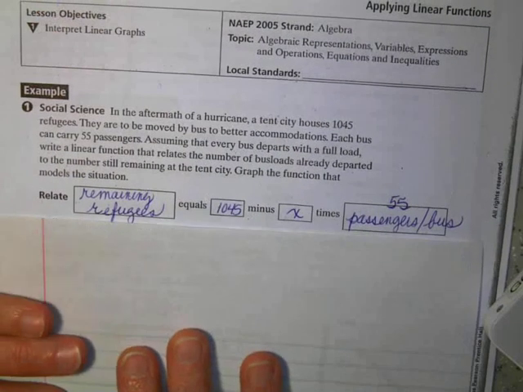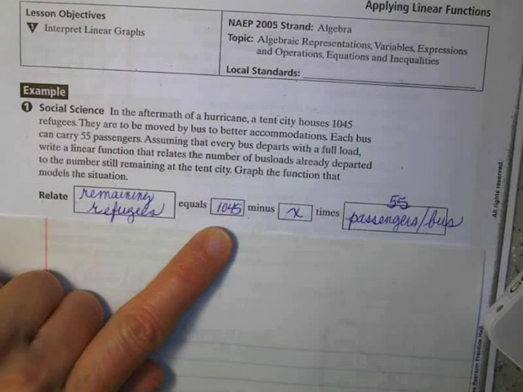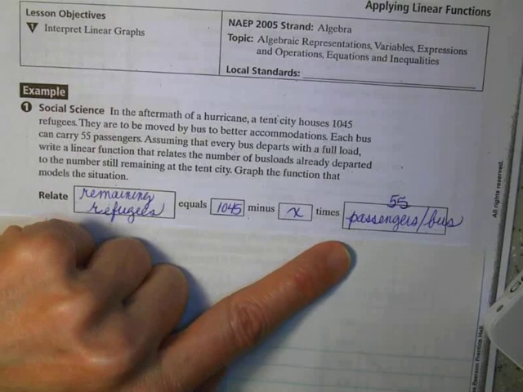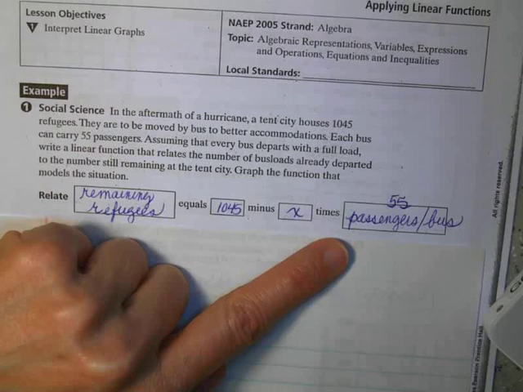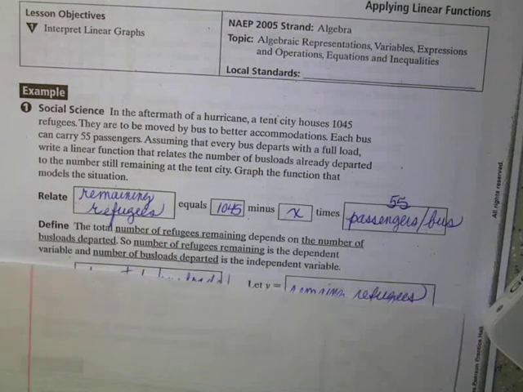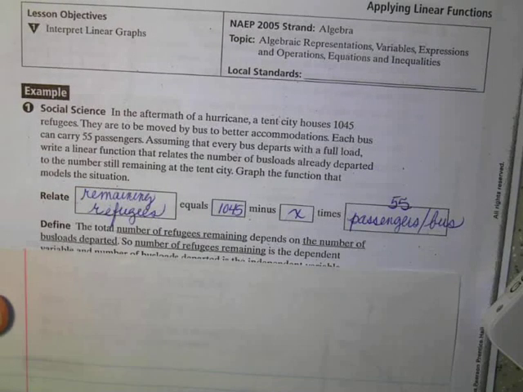Okay, so this is what we want to relate here. The remaining refugees is equal to the number of total refugees of 1,045 minus some number times 55 passengers per bus. So to find the total number of refugees remaining depends on the total number of bus loads departed.